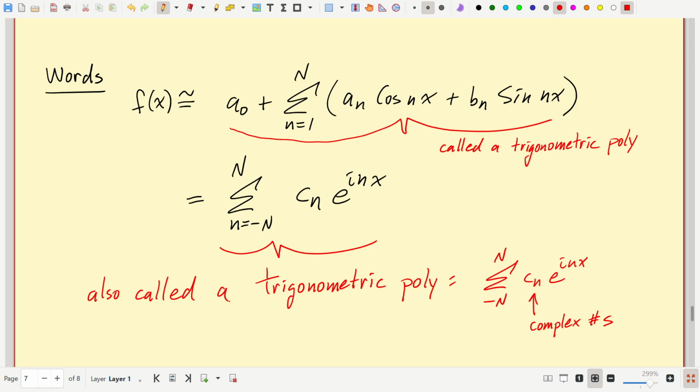And they turned out to be pretty useful and important in lots of places.